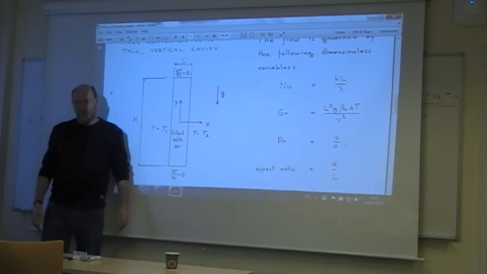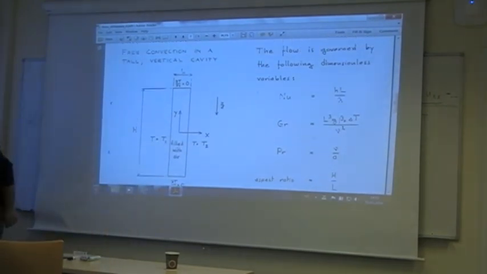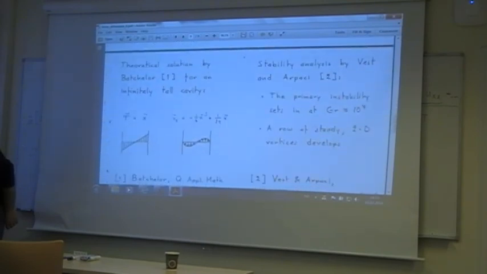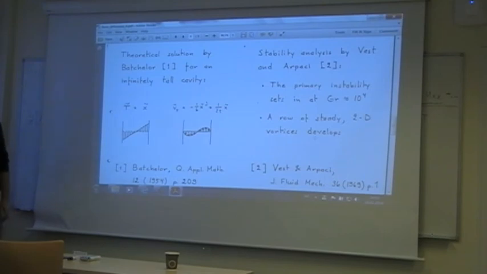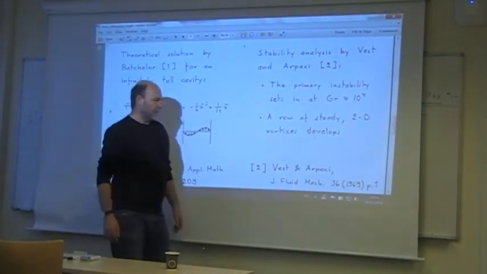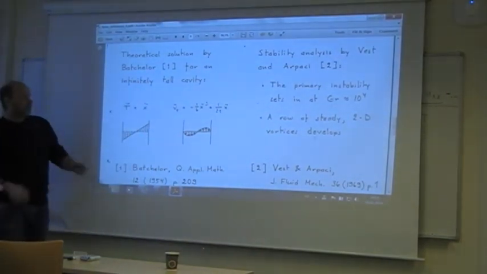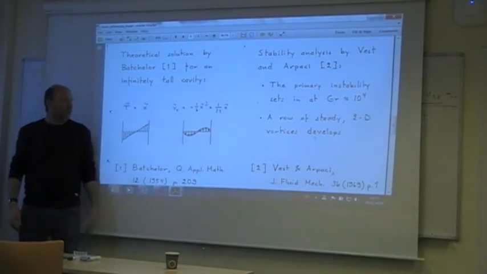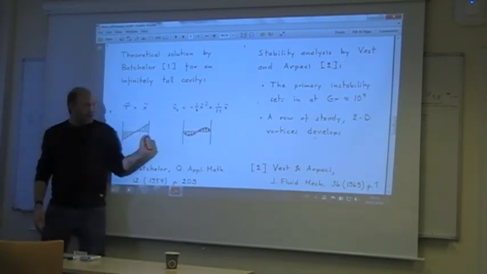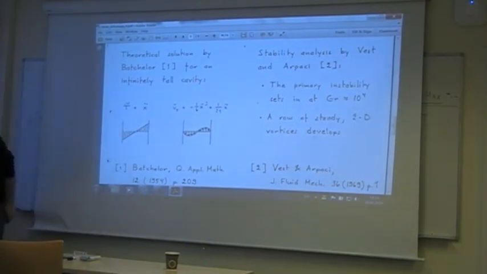But to achieve it, you need a Grashof number smaller than, I think it was, 10,000. That was the critical one. Yeah, Grashof number 10,000, that's the limit. If you are below that, the driving force is not so strong, and you should get the Batchelor solution: straight temperature profile and this nice velocity profile.